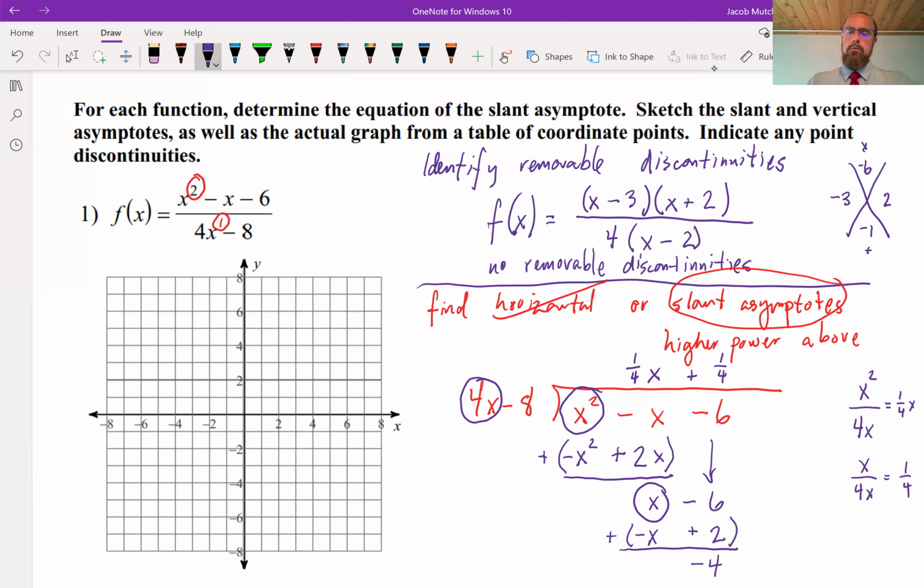Now I could write this out as remainder plus negative 4 divided by 4x minus 8. But what's important for me really is this linear equation here. And that's actually my equation for the slant asymptote. I'm just going to go ahead and put a y equals. And that is ready to go.